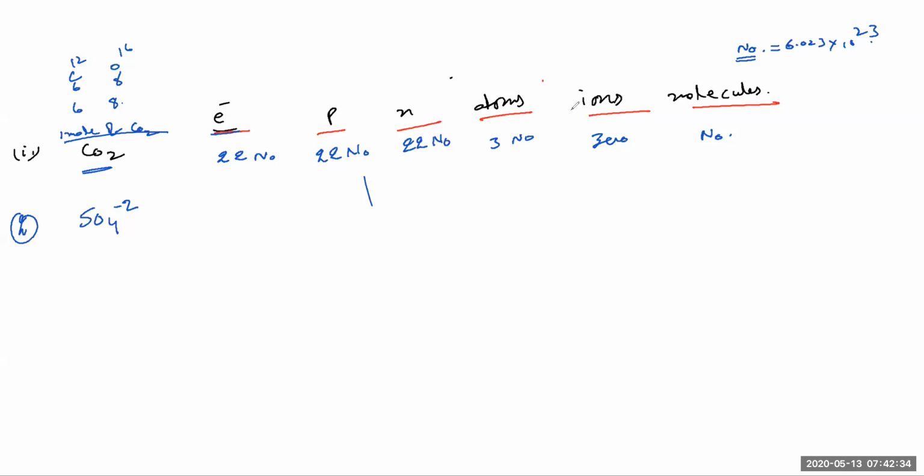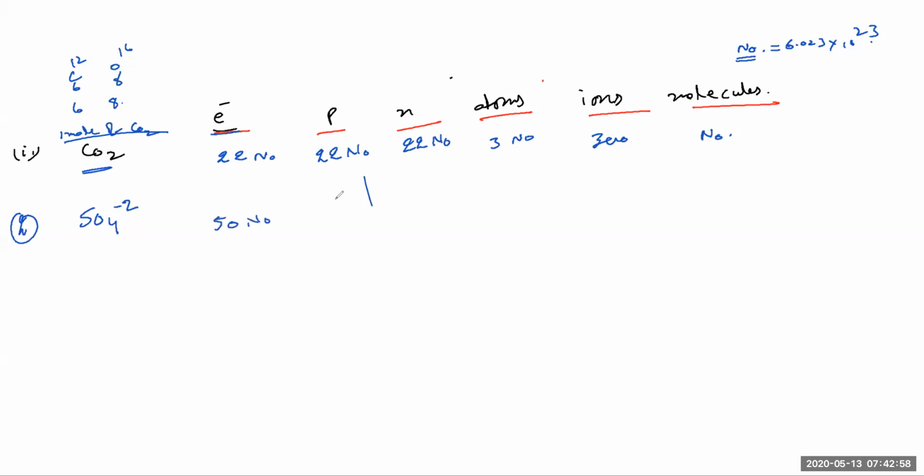Same, sulfur 16 atomic number, plus oxygen 8 into 4, 32. 32 plus 16, 48. But minus 2 means extra electrons, 2 more electrons are gained. So that is 50 electrons, 50 into Avogadro number.